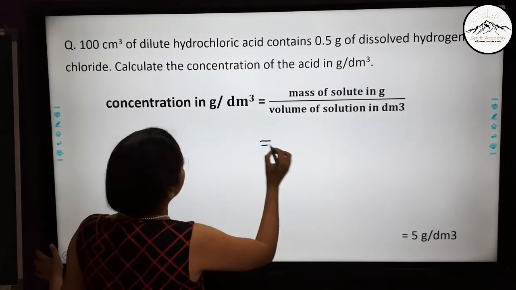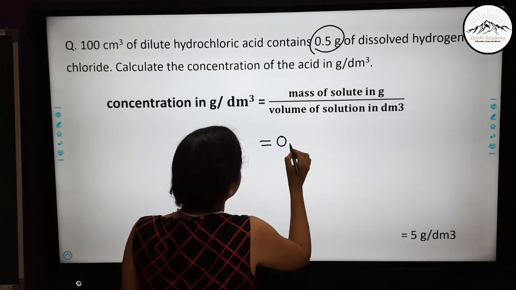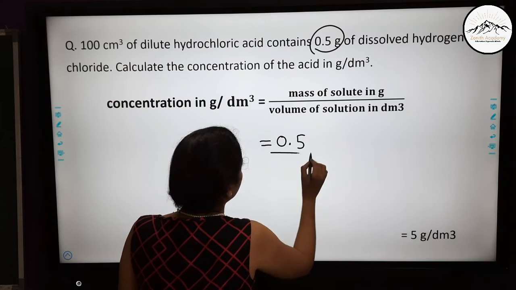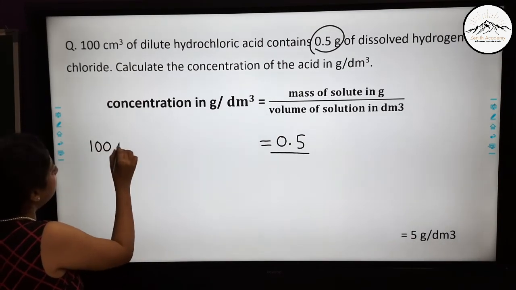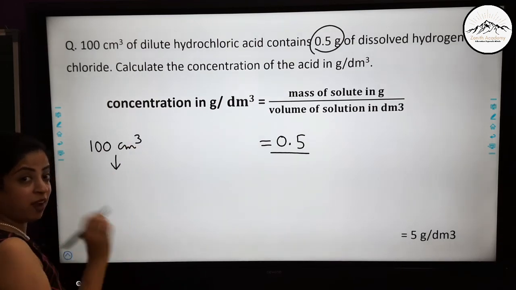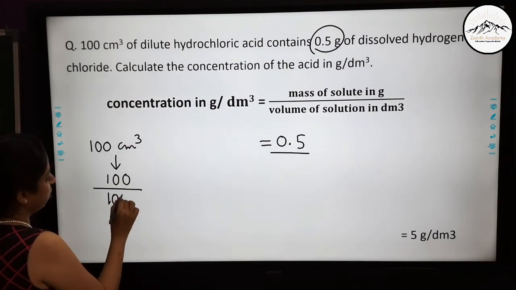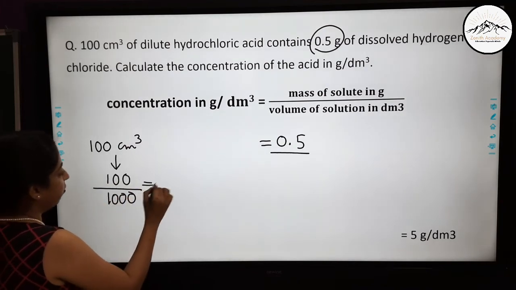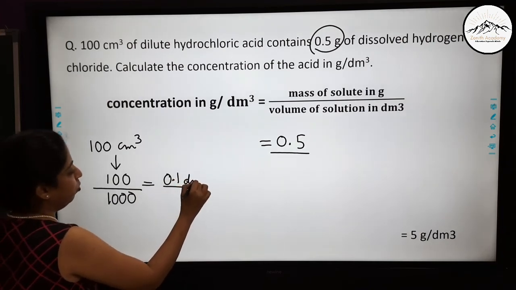So mass of solute in grams is how much? 0.5. So we will write 0.5 here. Then volume of solution in decimeter cube. Now it is 100 centimeter cube. We have to convert it into decimeter cube, so we will divide by 1000. So 100 divided by 1000 will give you 0.1 decimeter cube.